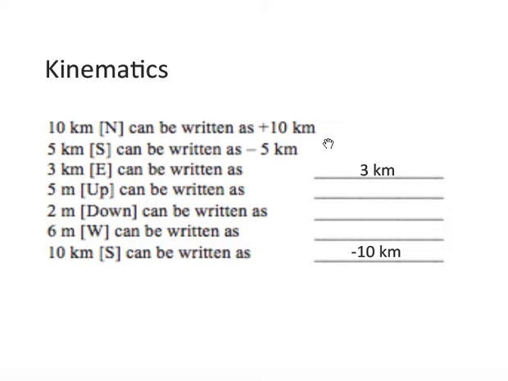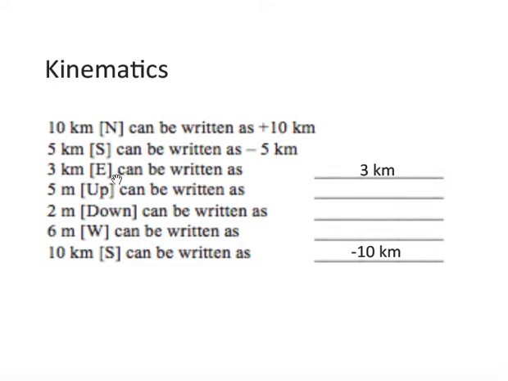So you wouldn't have to necessarily write down north here in the question or in your solution, because positive means north. However, if you want to represent 5 kilometers south, this would be written as negative 5 kilometers. And it would be understood that if you have a negative in front of the number, that would mean south. That's what we mean by convention.